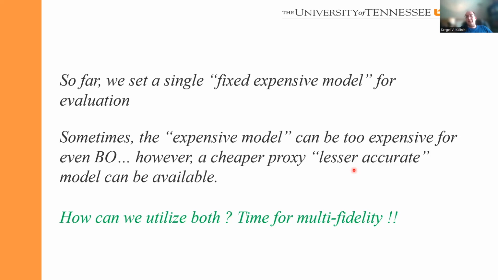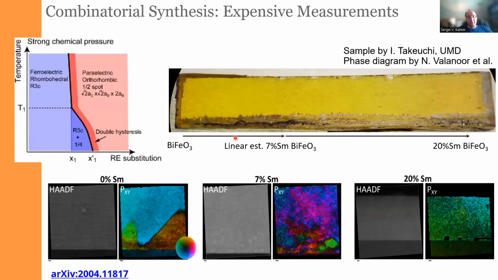But at the same time, you can expect that the smaller model, which is faster to evaluate, will actually contain the significant aspects of the physics of the system. So the question becomes, can you somehow combine the cheap model and the expensive model and use the cheaper model to navigate the parameter space of the expensive model without evaluating it each time? That's exactly what the multi-fidelity Bayesian optimization is doing.